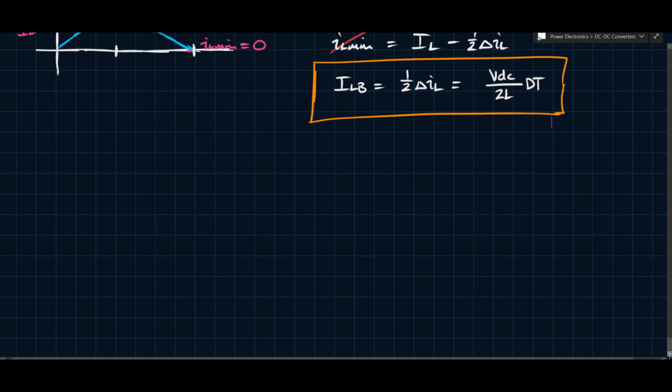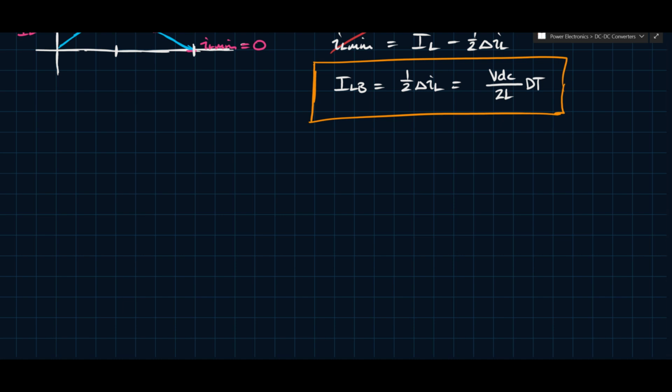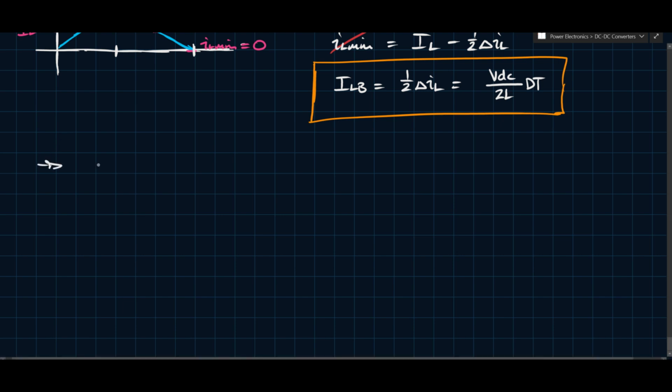And so the situation can be resolved fairly simply. And how do we do that? What we can do is, we know in a boost converter that VO over VDC is equal to 1 over 1 minus D, okay? And we know that by conservation of energy, or power balance, VDC IDC should equal VO IO.